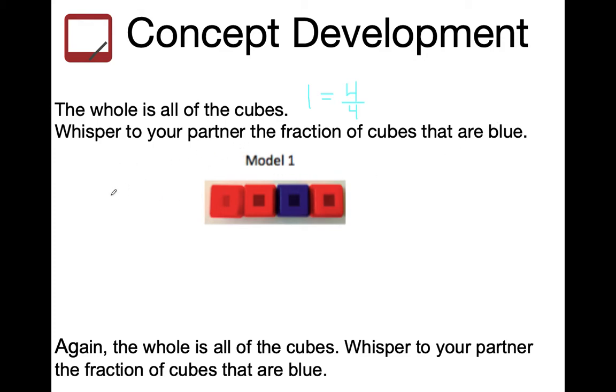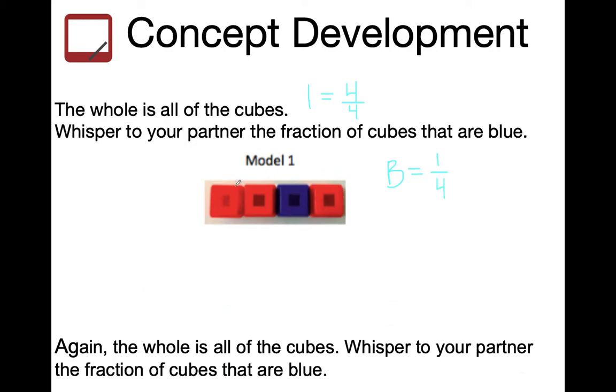So obviously you don't have a partner unless you want to talk to your parents or a sibling. But what fraction of the cubes are blue? Now you wouldn't want to just say 1 is blue. You would want to say 1 what? So I'm going to label it as B. And the fraction that are blue is 1 over 4, or 1/4.